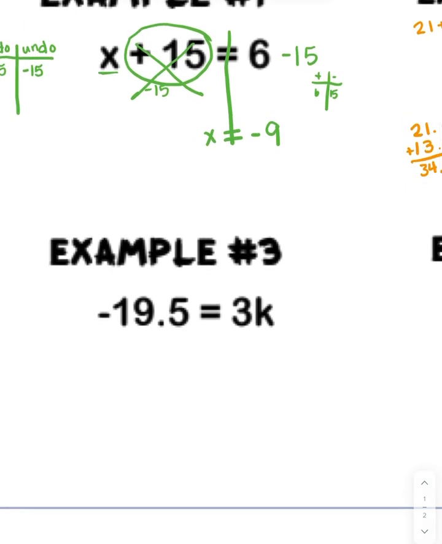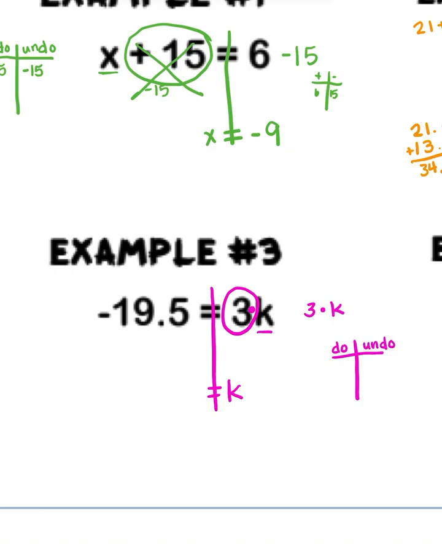We have example 3. This time my letter is still on this side, so it's going to stay over there. And this time I have to ask myself, what's happening between the 3 and the k? We know when a number is next to a letter, that is multiplication. So this is 3 times k. When we are moving it, we are doing the opposite of multiplication, not the opposite of a positive. So in my do undo chart, what am I doing?